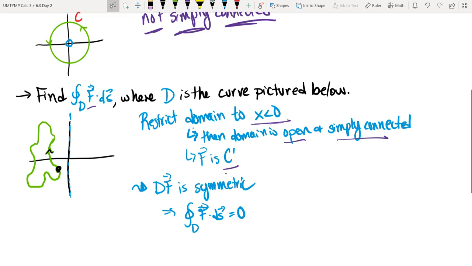And then finally I had to figure out which of the if and only if equivalencies I was going to attack, and given that I had the vector field function, it was easiest just to compute the derivative matrix corresponding to it. I didn't do it explicitly in this video, but it would have been symmetric, and then therefore the circulation was 0. Again, that was one of those if and only if ideas.